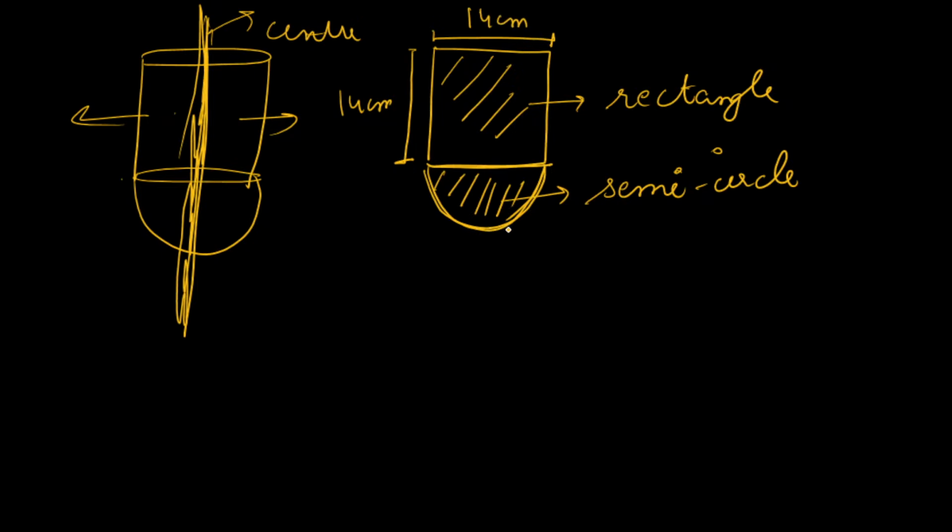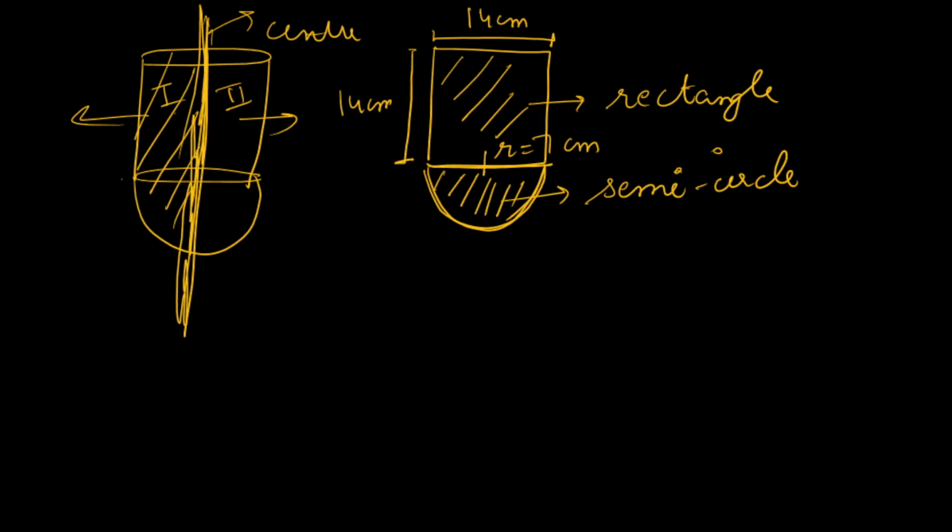And this semicircle's radius is equal to 7 centimeter. So these two surfaces we have to add on both sides, one surface on this part, one on another part. So we will find one and multiply it by 2. I hope this is clear.